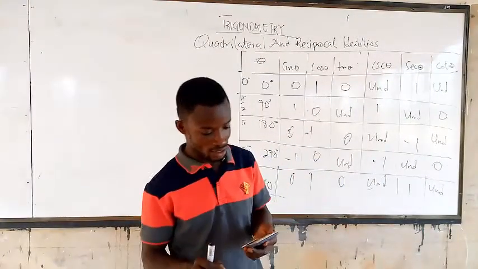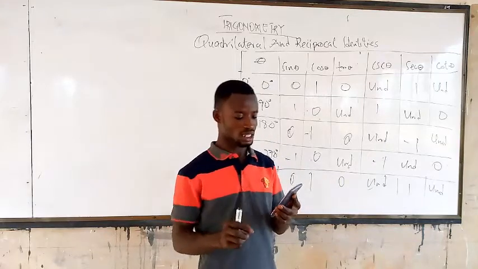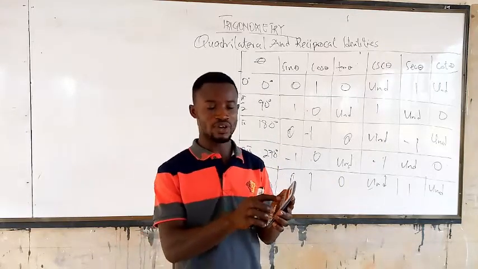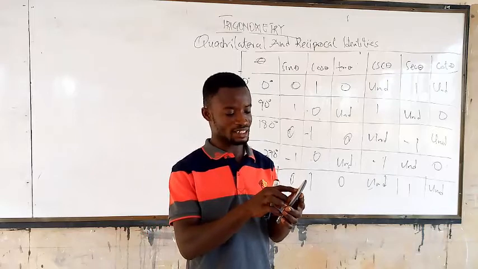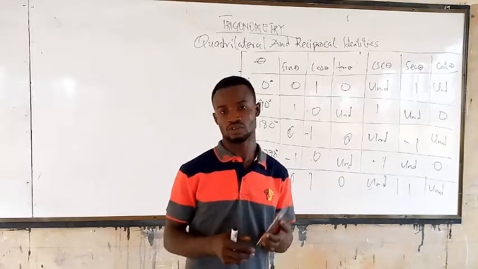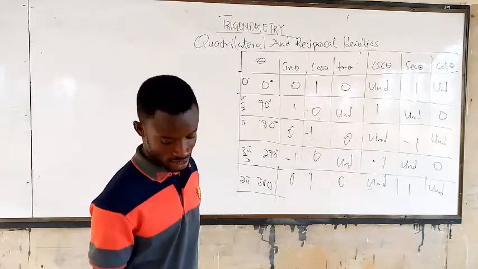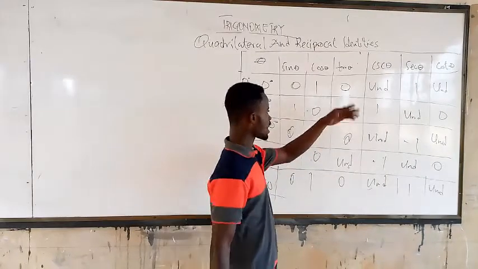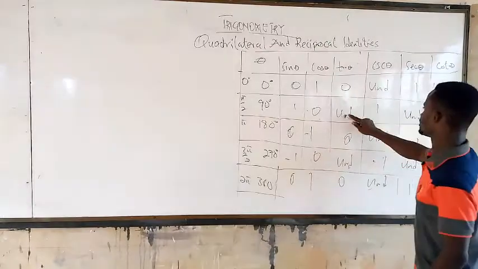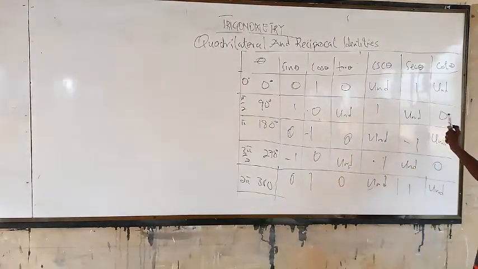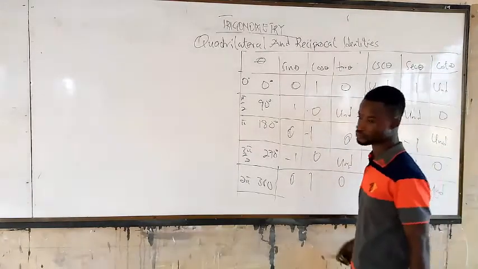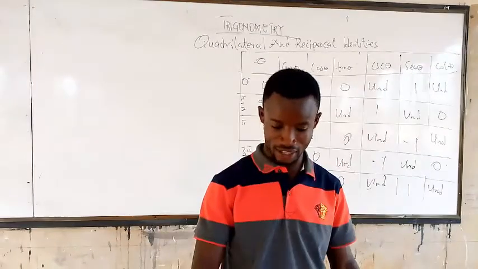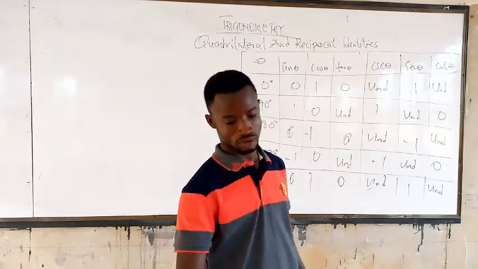When you press shift mode, you see 3 is degree and 4 is radian. That will help you know where you are. Alright, so these are going to give you undefined. Good.